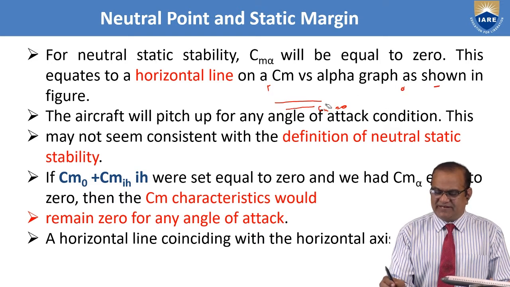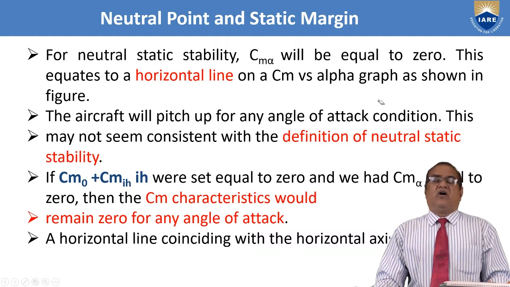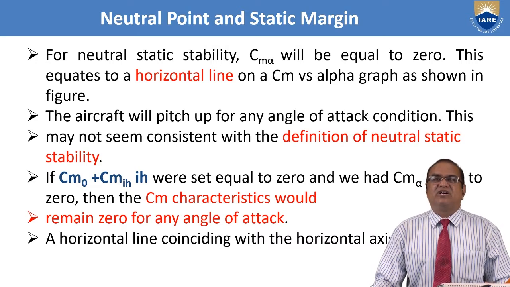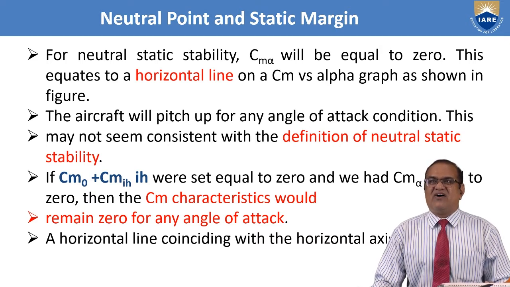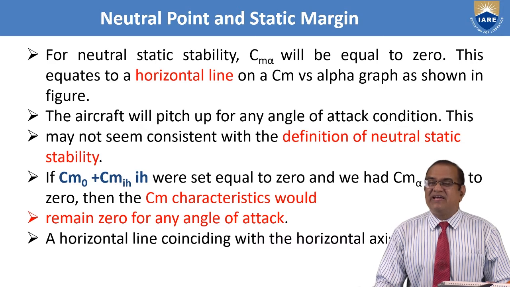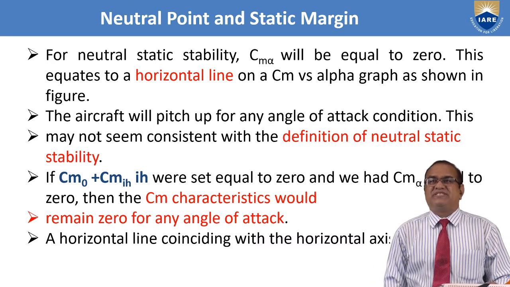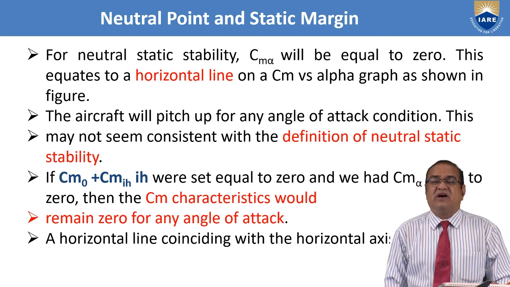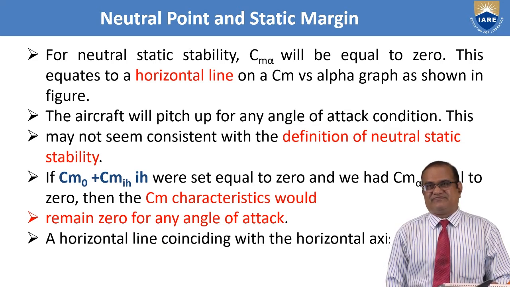So you can see that the Cm alpha will be 0. This equates to a horizontal line on a Cm versus alpha graph as shown in the figure. Next figure I will be showing you. The aircraft will pitch up for any angle of attack condition. This may not seem consistent with the definition of neutral static stable.